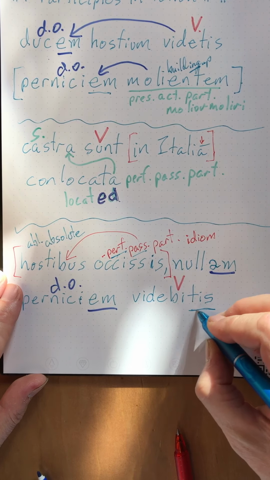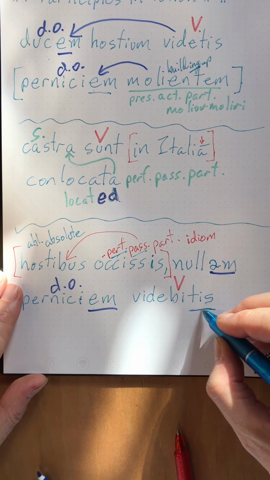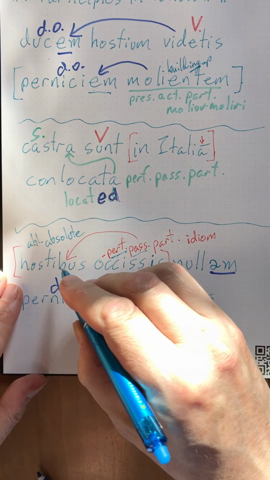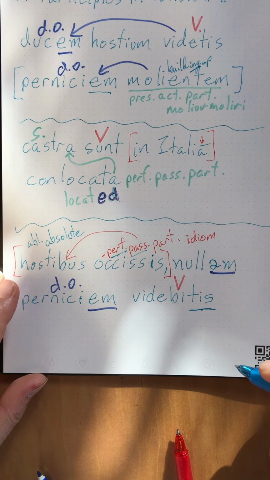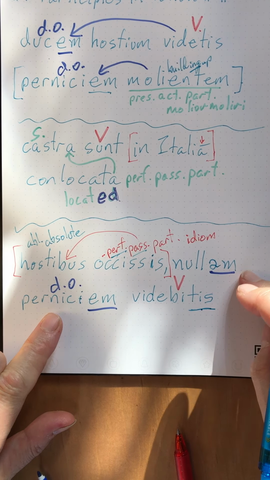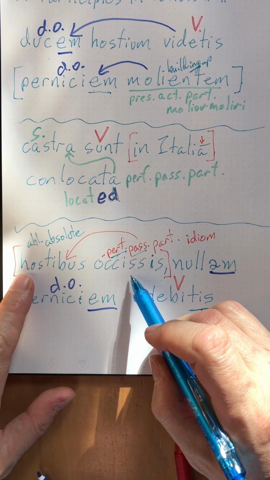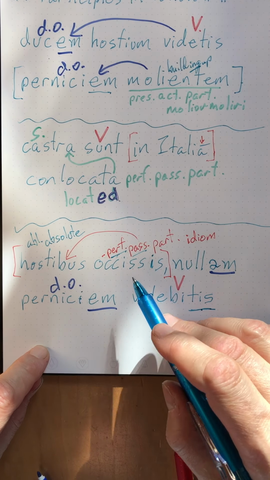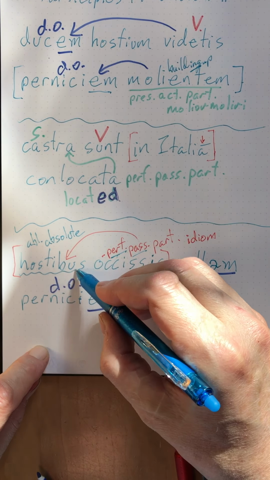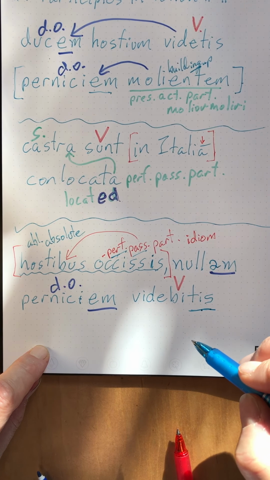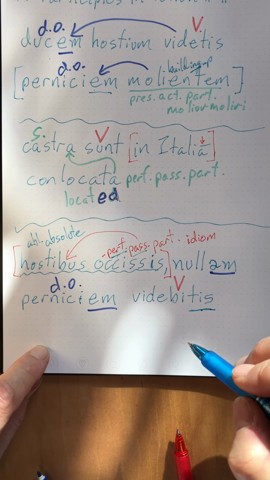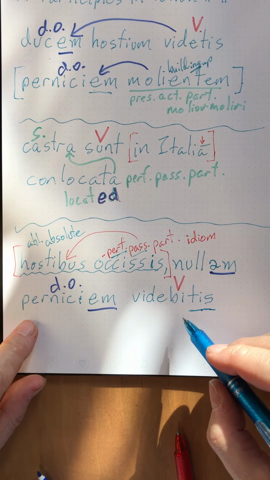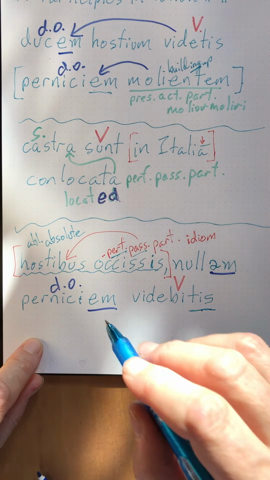Here's second person plural. That's you all, y'all. They aren't in this expression. The danger, that's not mentioned in the expression. This expression exists all by itself. Once the enemy have been killed. And then we go on with the rest of the sentence. You will see no danger.